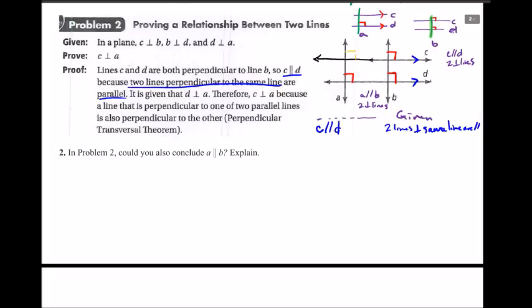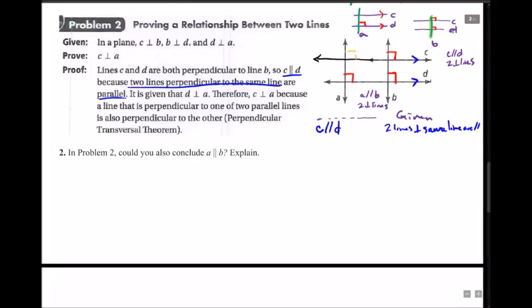So do you see a theorem there? Do you see one of our theorems that we just made? I have two parallel lines, and one of them is perpendicular to another line.